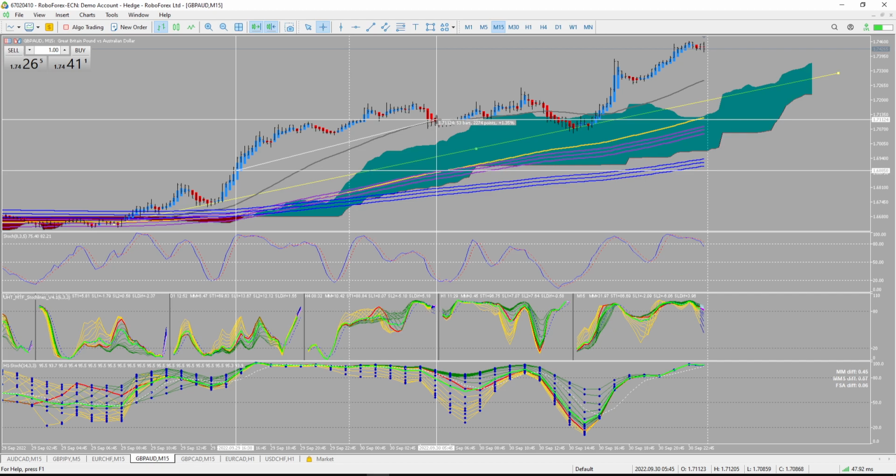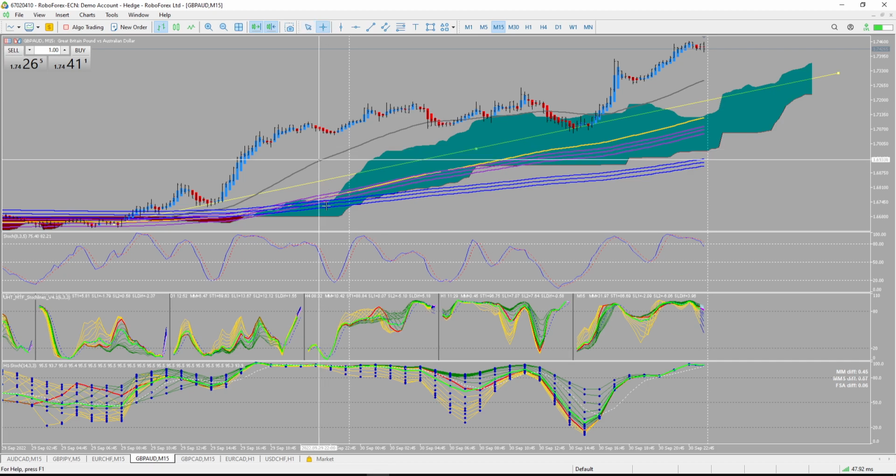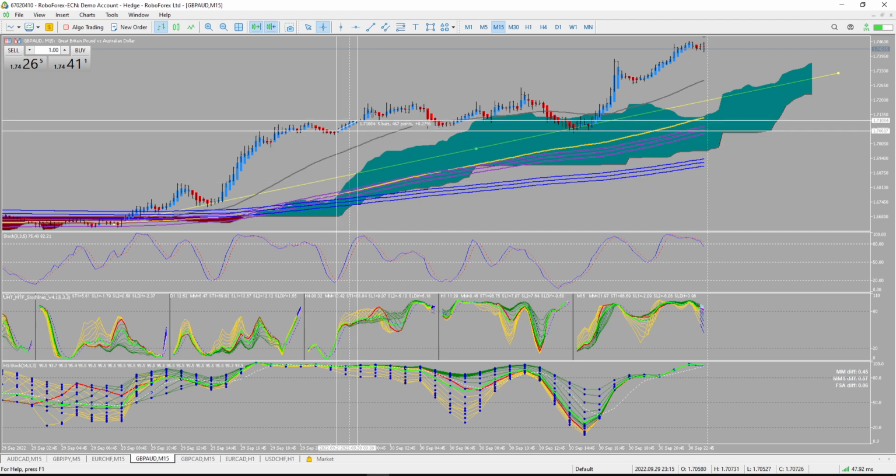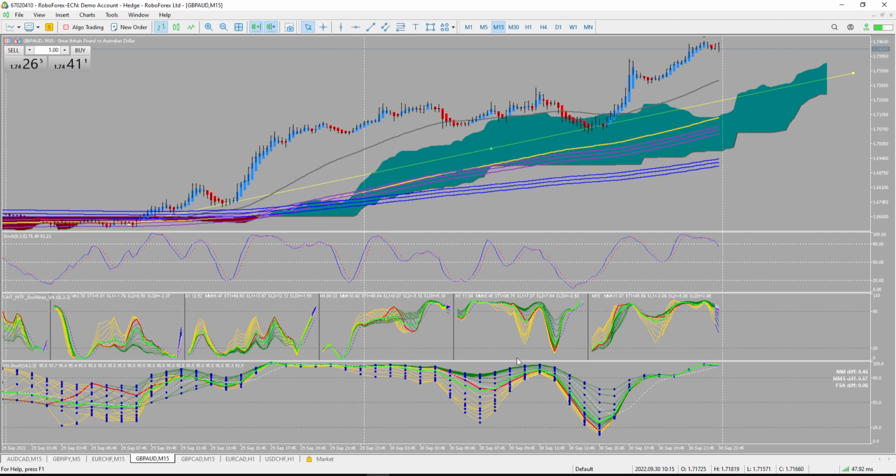And here we had what I call a very good opportunity to enter. So we are on overbought on H1, and then if you look here, it came oversold on M15, but the overall trend is long, so this is a good opportunity to go long, right?